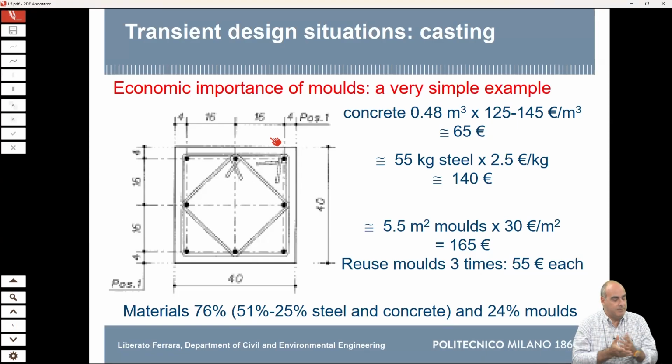But if you have done in this way, and you can say, I will reuse my molds 3 times, then you can share that cost that we have seen at least by 3 and attribute to that. So in this case, the share of the cost is a little bit more reasonable, but still your molds account for 1/4 of the total cost of your structural element.